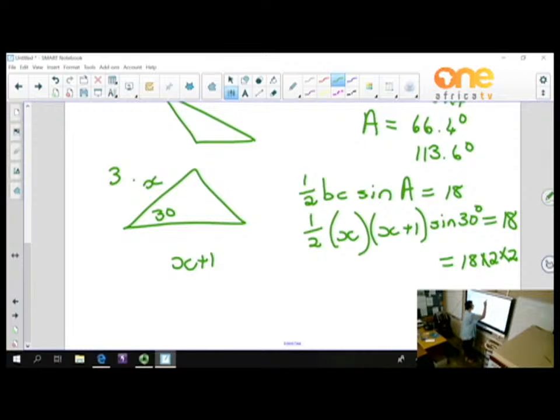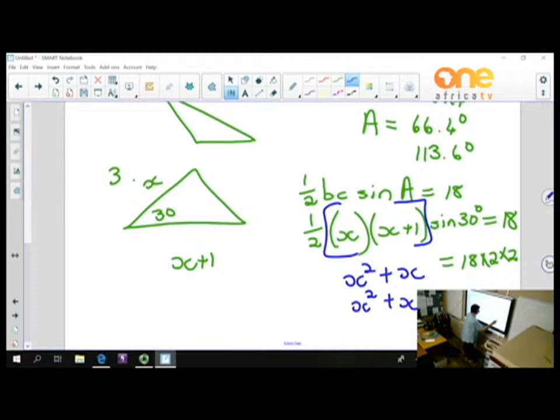So now this part here is then x squared plus x. So eventually I have x squared plus x, and now I can calculate that value there. 18 times 2 times 2 is 72. So plus 72 is equal to 0.